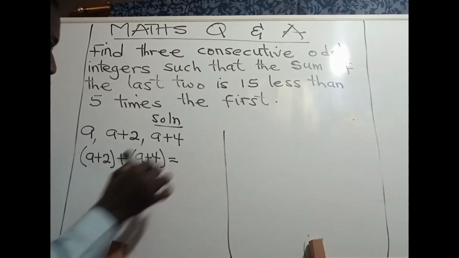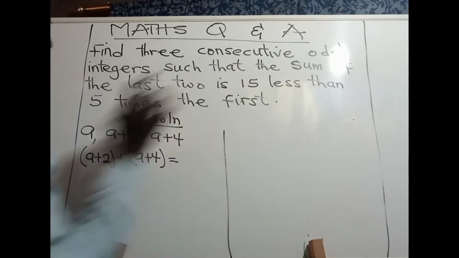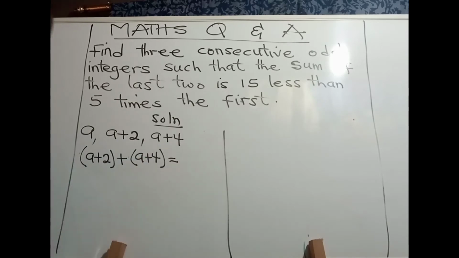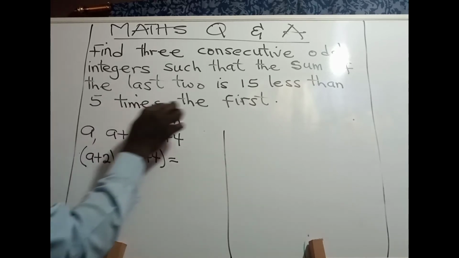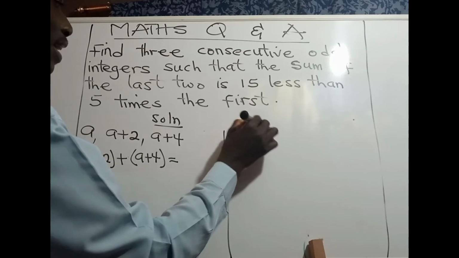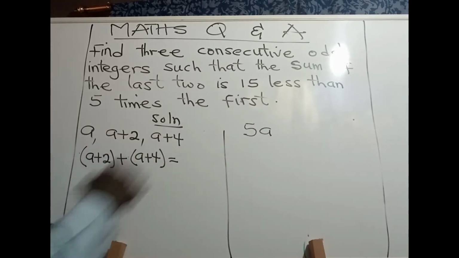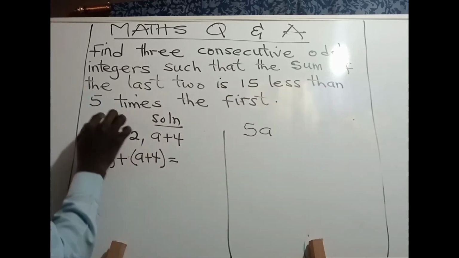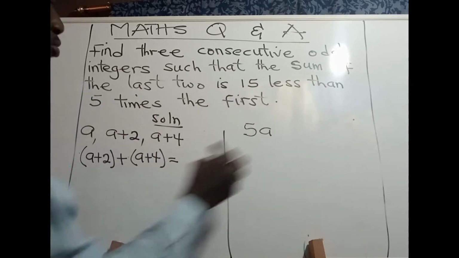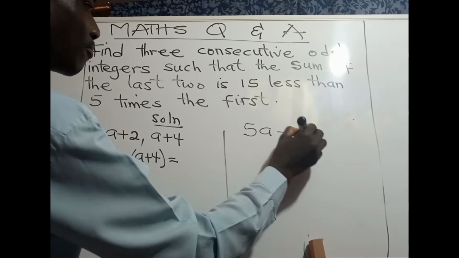That should give us 15 less than 5 times the first. What is the first odd integer? The first odd integer is a. So let's write it here. We are saying 5 times the first, so 5 times the first odd integer. And then 15 less than 5 times the first, so you subtract 15 from it.